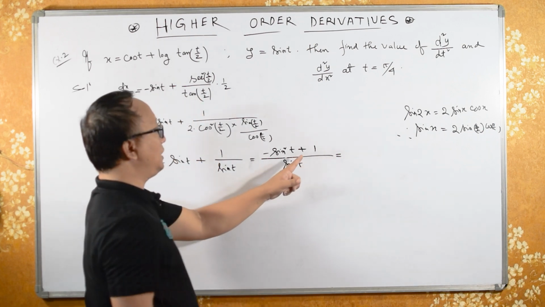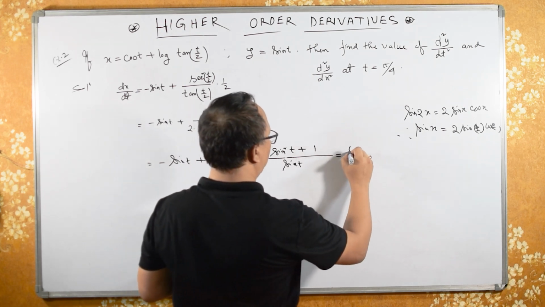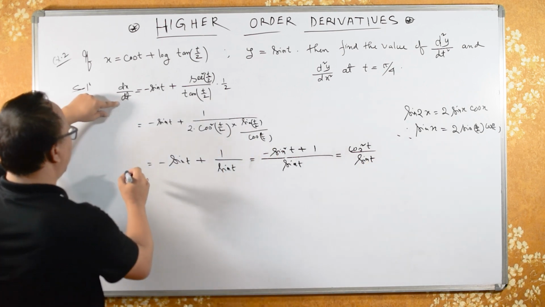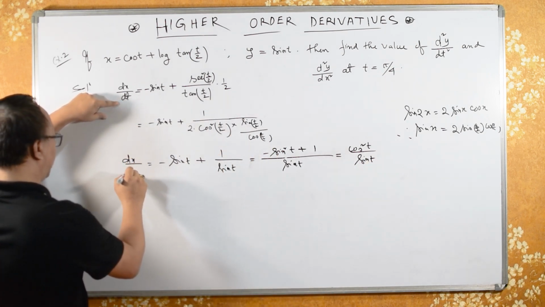See, 1 minus sin square is what? Cos square. Okay. Cos square t upon sin t. This is my dx by dt.